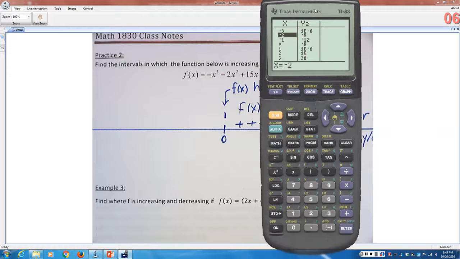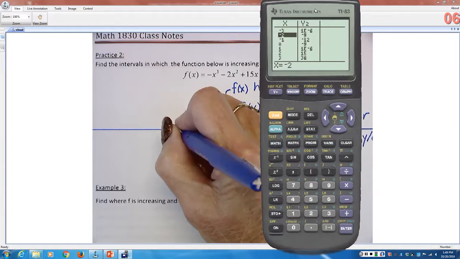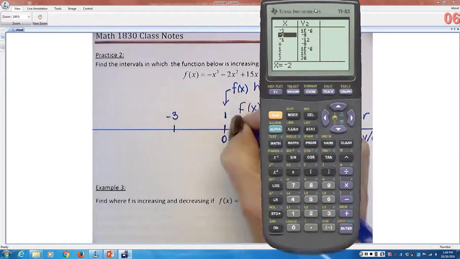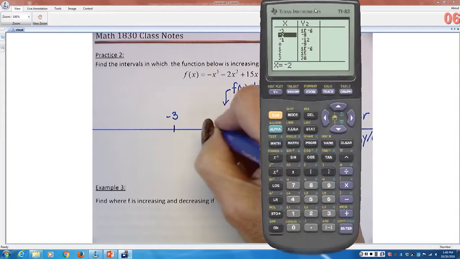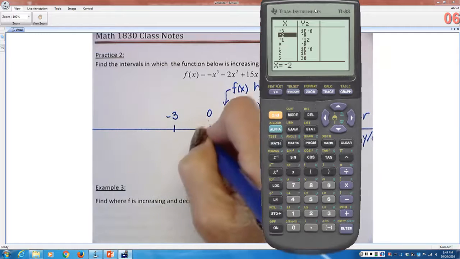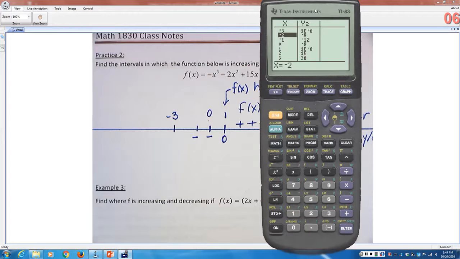At -3. So the behavior from -3 to 0, let's say, at the value 0 it's negative, at the value -1 it's negative, at the value -2 it's negative, but look up here at -3.